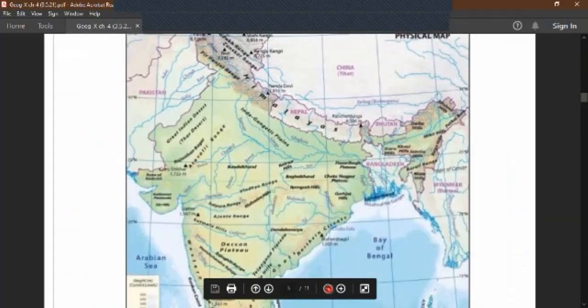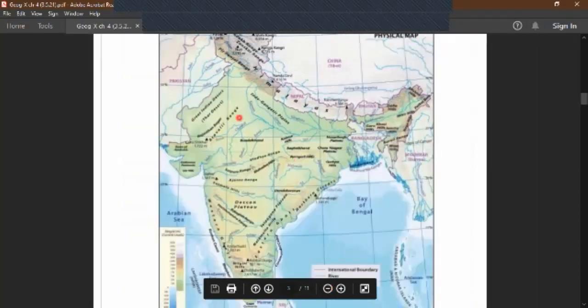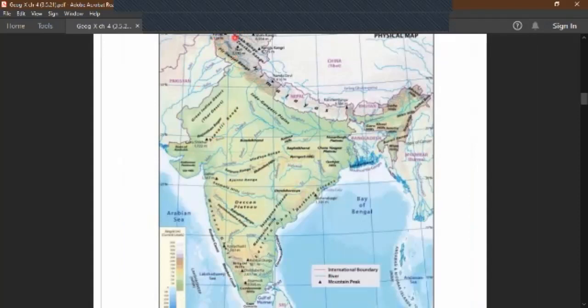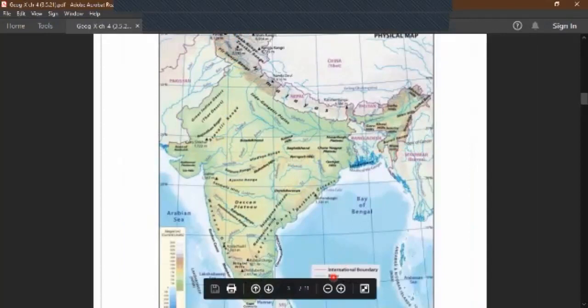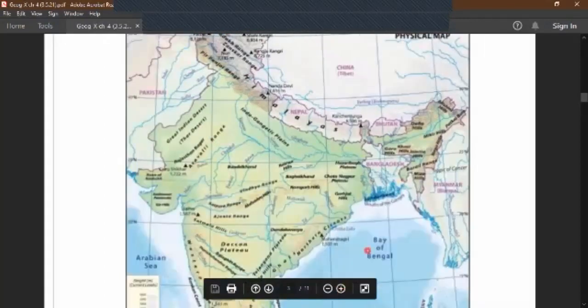India extends roughly from 8 degree north to 37 degree north latitude. The Tropic of Cancer passes through the center of India.